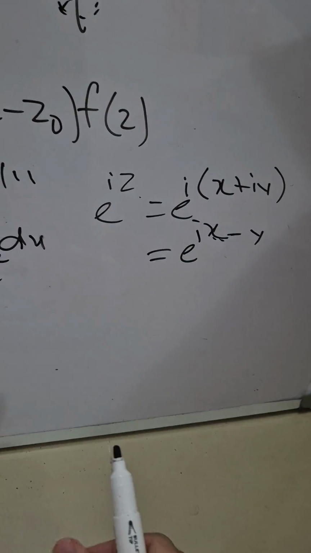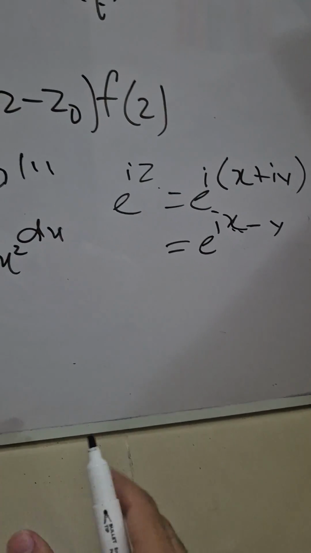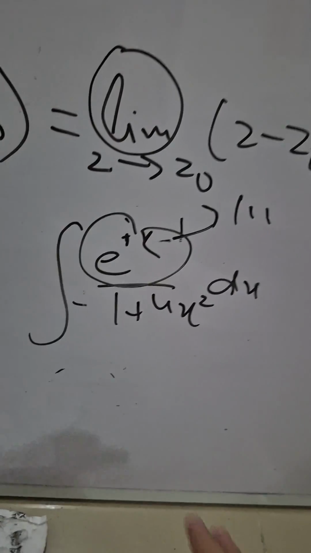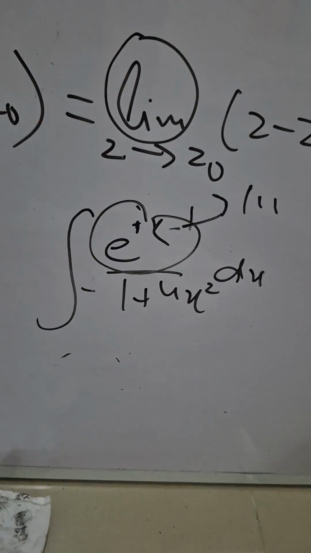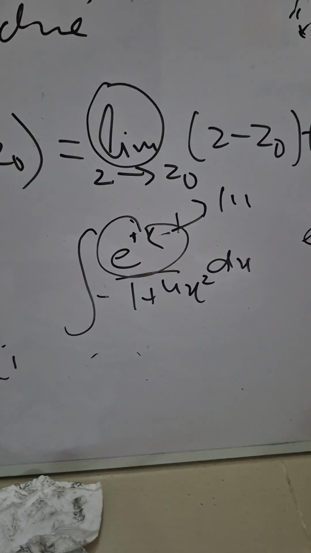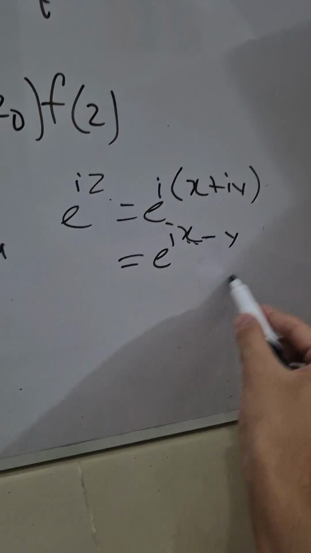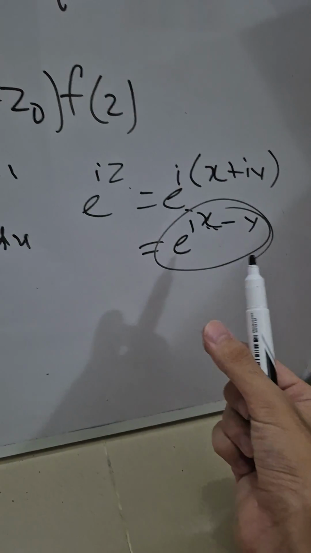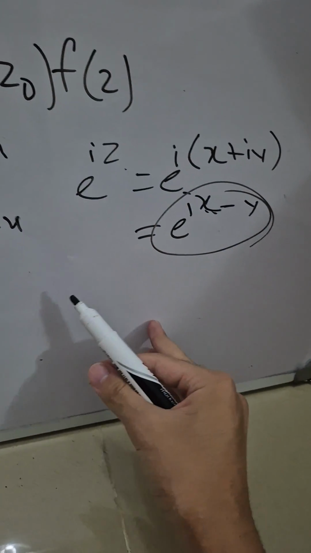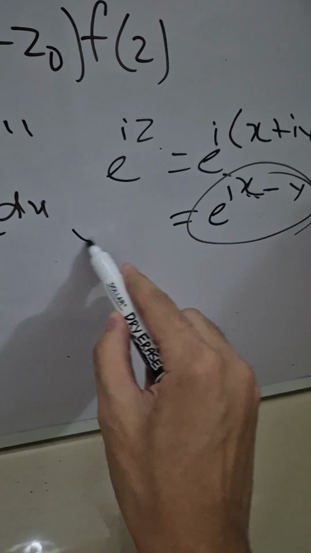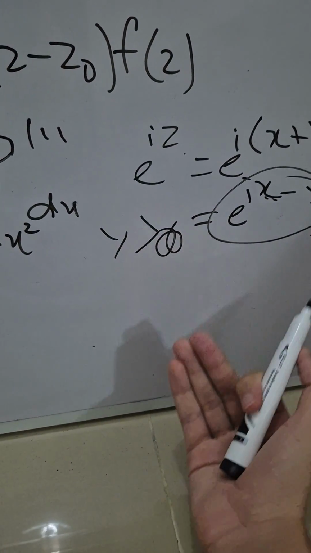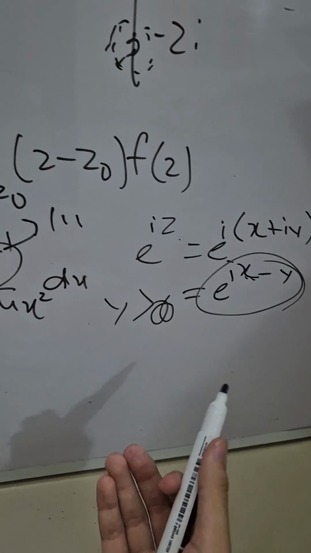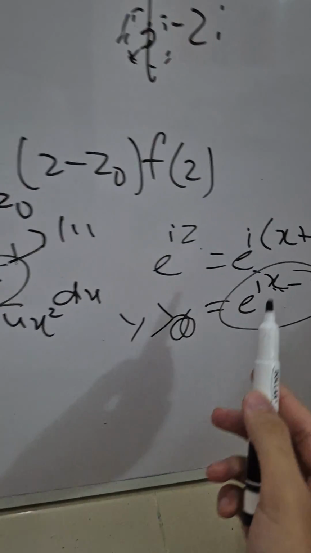Now we have to look at this, since that's the only way this exponent works. If you had a different sort of exponent, different absolute values, it would be a different function. Basically, we have to look at what happens, the intuition behind it. If we move up in the imaginary direction, which is y, greater y makes it decay.